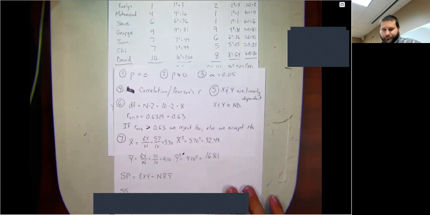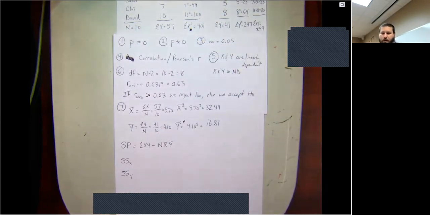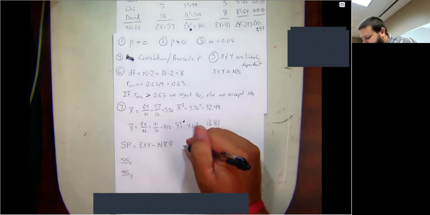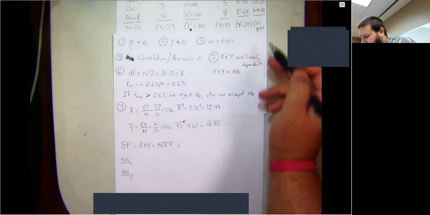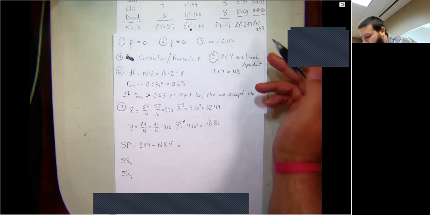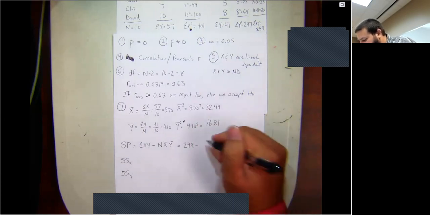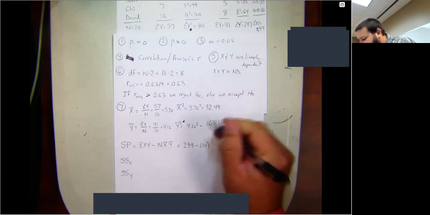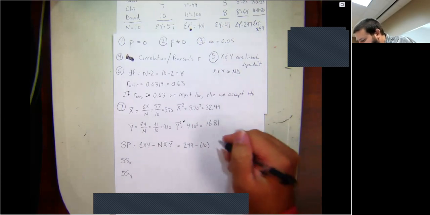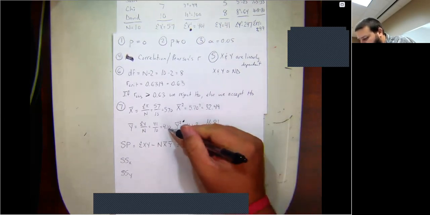So we're going to need the sum of x times y for this, which is up here, it was 299. Remember when we multiplied our x times our y? 299 minus n, which was 10, x bar, 5.7, and y bar, 4.1.